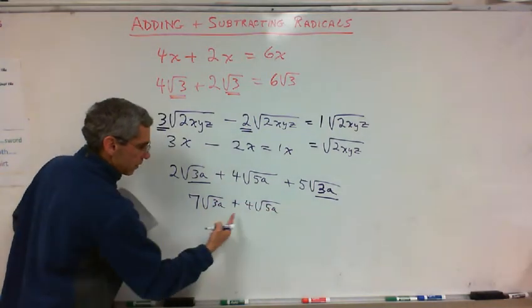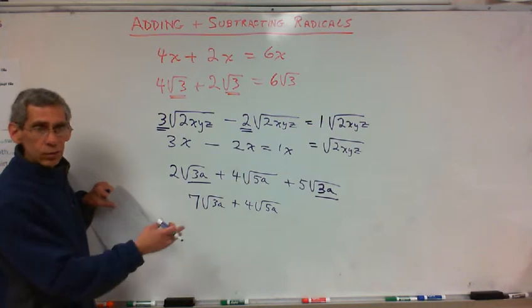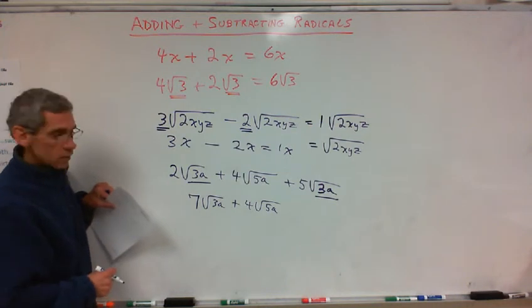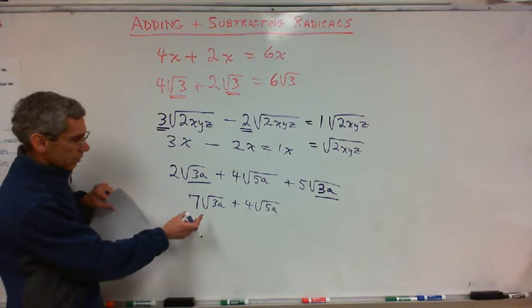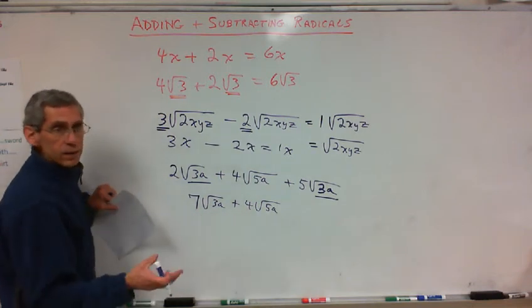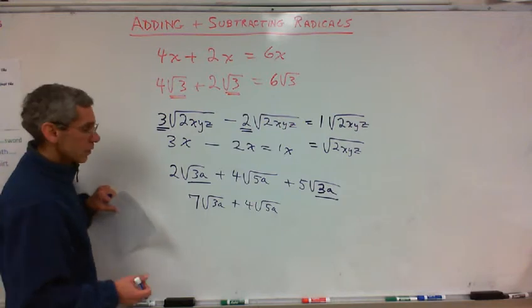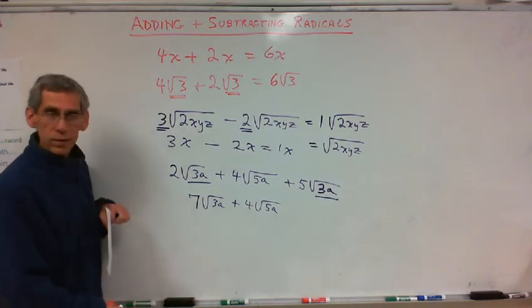I cannot combine those, so I'll have to just leave my answer with 2 terms, with a plus sign in between, because they're not like terms. Just like I couldn't add 7x plus 4y. I have to keep them separate.